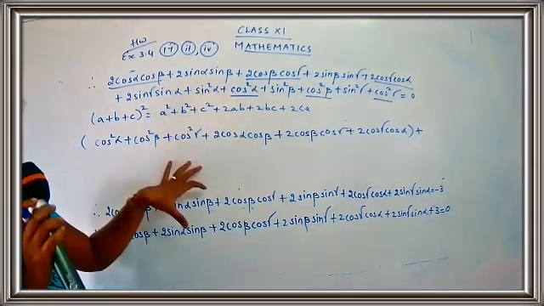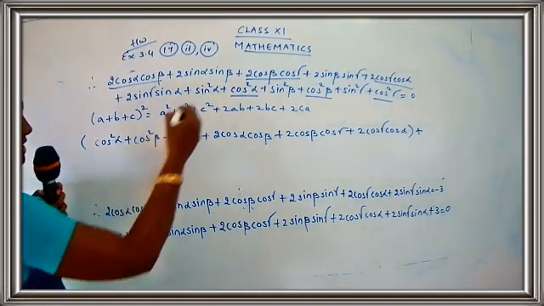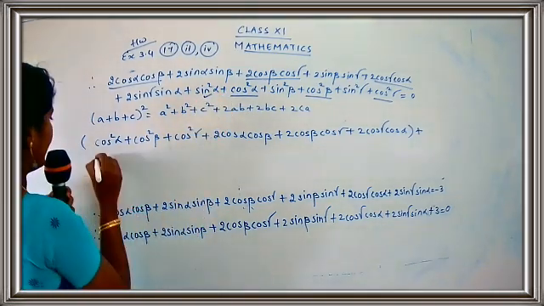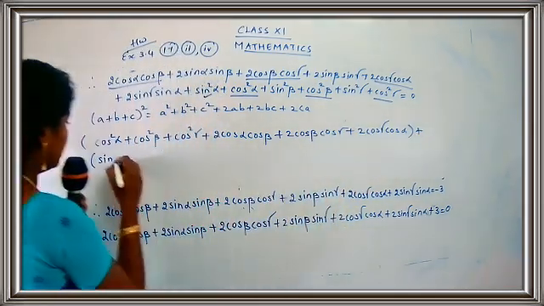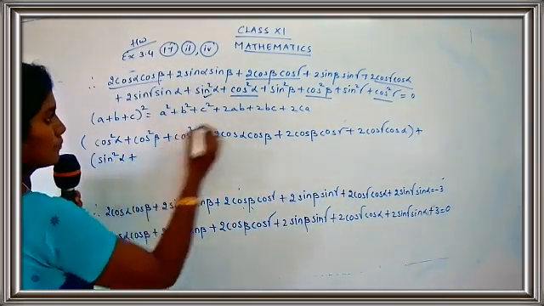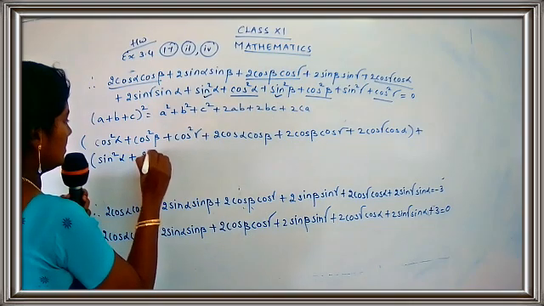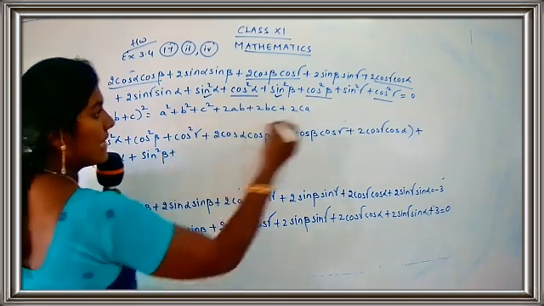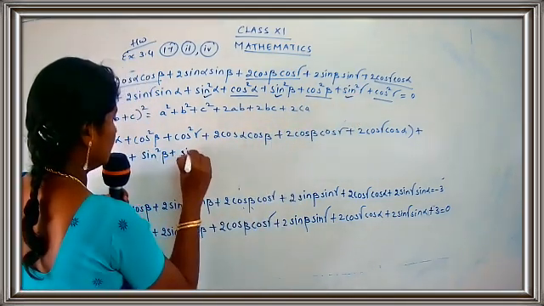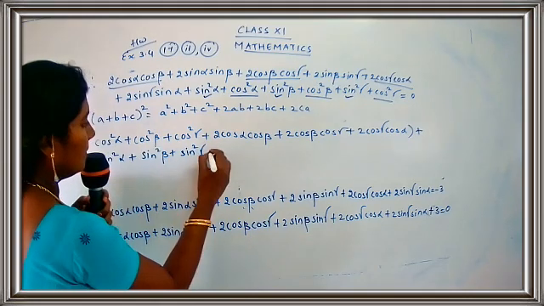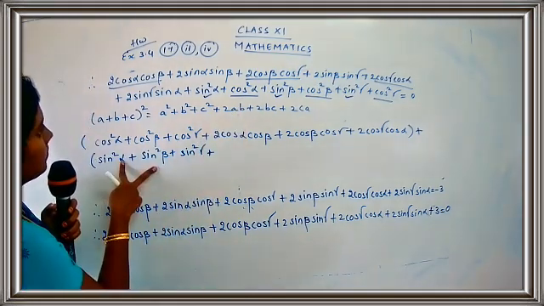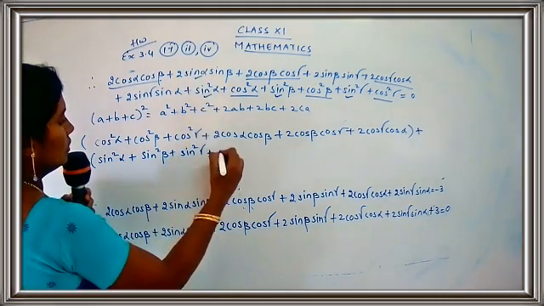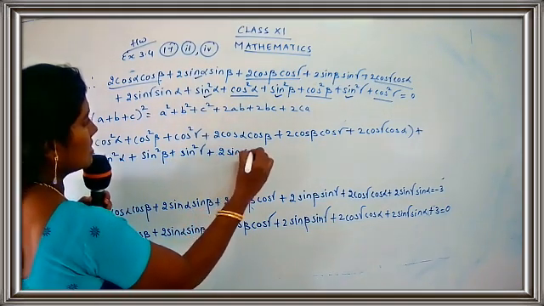Now I am going to arrange for sine. I'll just put a tick. Sine square alpha. Use the sign, okay children? The plus sign is over here. Sine square alpha, sine square beta, sine square gamma, okay, plus AB. AB means I want alpha beta here. 2 sine alpha sine beta.